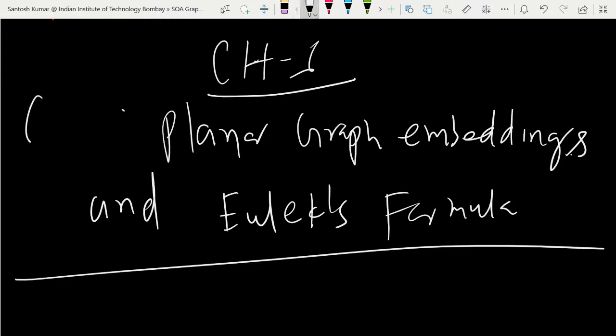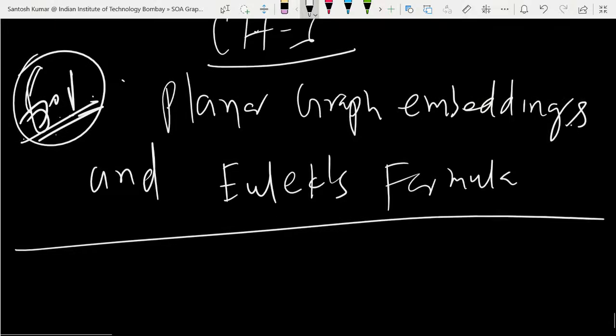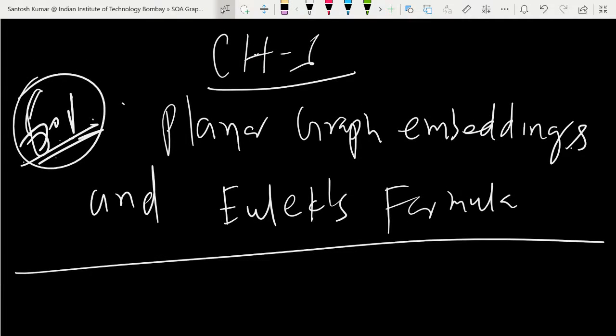So this is article 6.1. Okay. So do you know planar graph? Have you seen this word earlier? I mean, in the first three chapters or somewhere. Have you seen this or not?